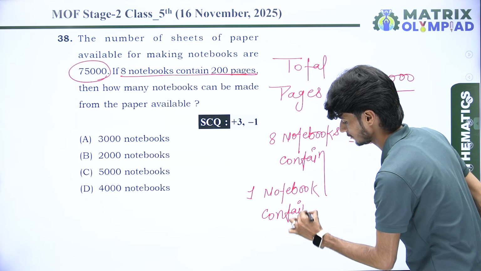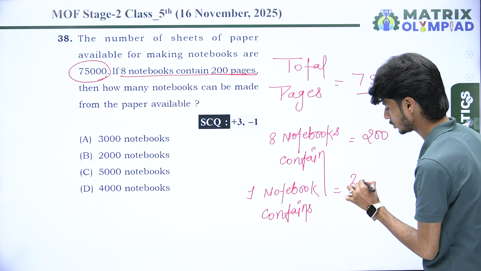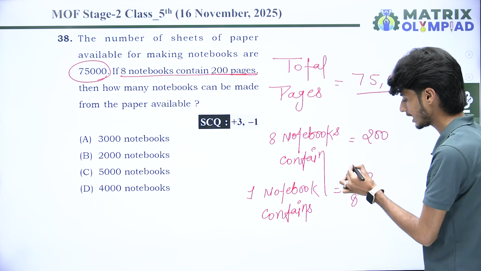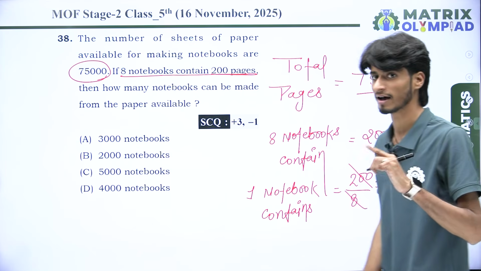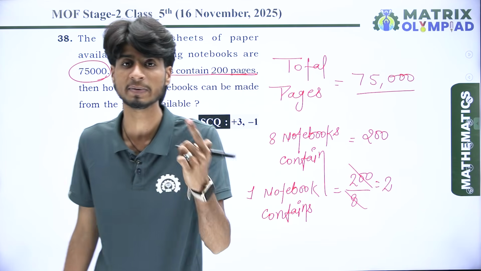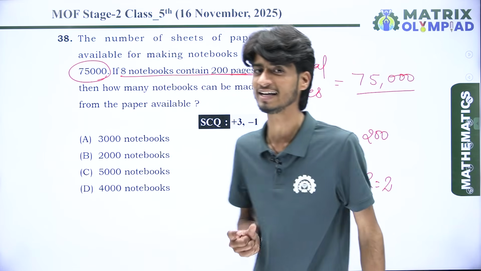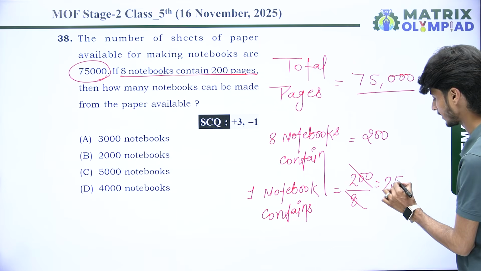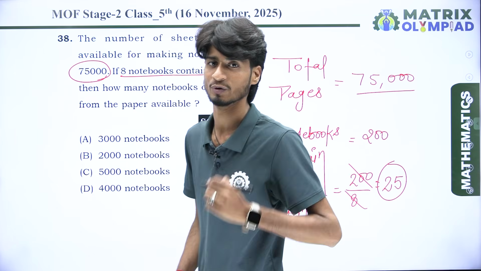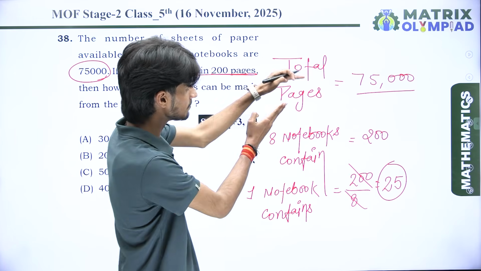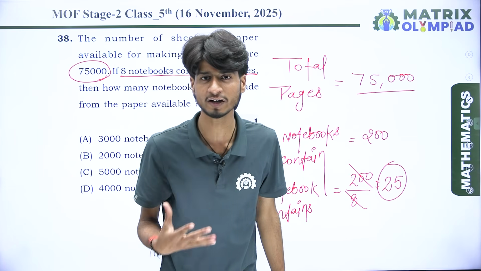We divide 200 by 8: 8 twos are 16, remainder 4, the next digit is 0, so the number is 40, and 8 fives are 40. That means there are 25 pages in each notebook.